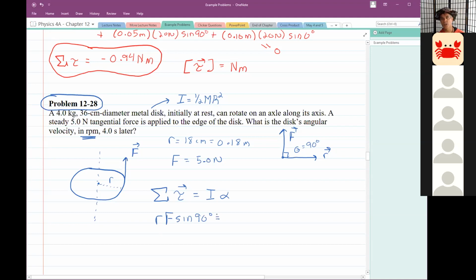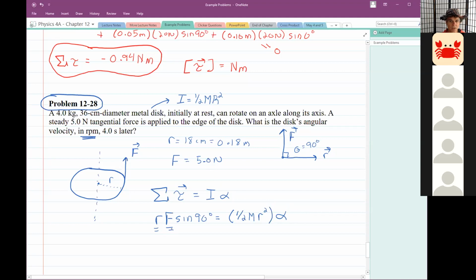Our moment of inertia is the moment of inertia of a disk, which is 1/2 mr squared. Let's be consistent with these R's. Sometimes I use capital R, sometimes little r. It doesn't really matter. So this is R squared times alpha. I have R, which is 18 centimeters, 0.18 meters.